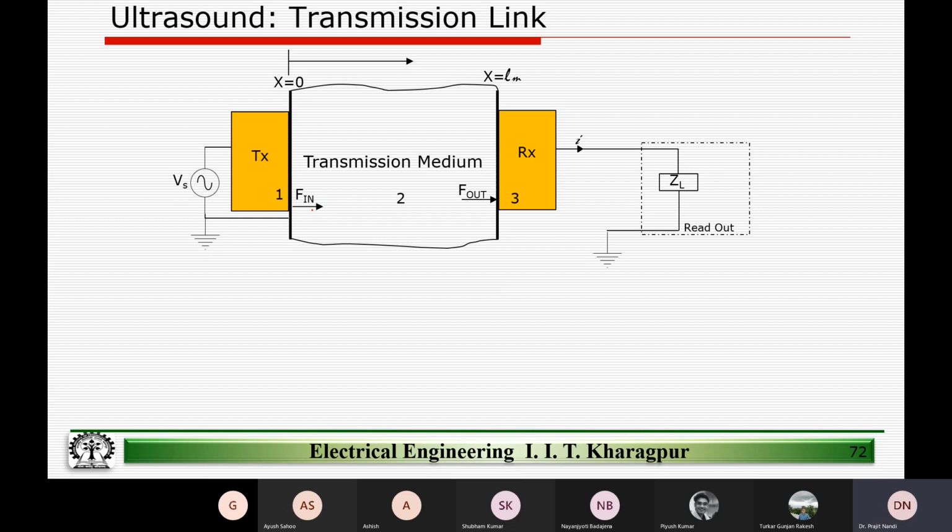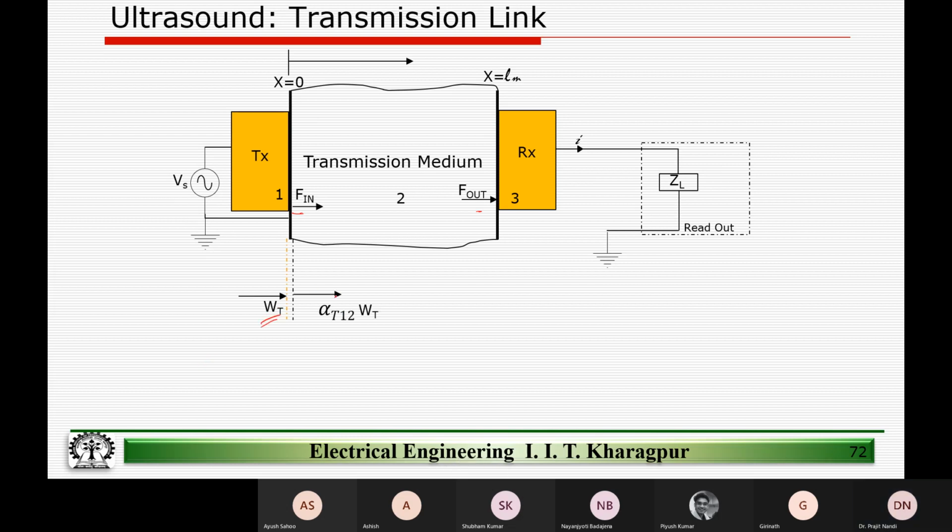Okay. So then we have the sound waves propagating from this edge to this edge, right? Let's try to put some mathematics into all this. Let's say the power that is incident on this transmission medium is given by WT.